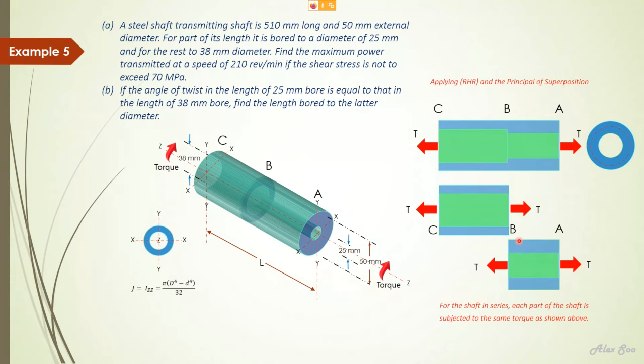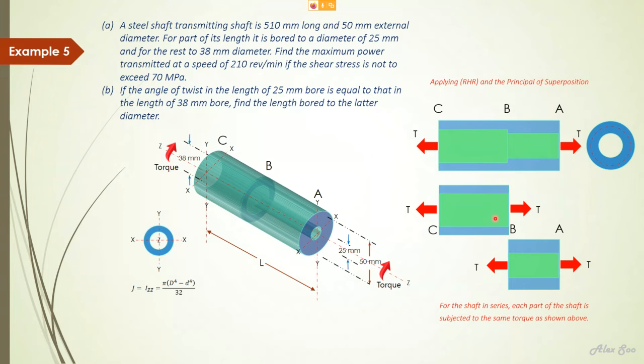That is why for the second section, AB, you have the torque pointing in this direction, opposite to this. When you take this minus this, it will give you 0. But for section A, if this T is pointing this direction, then the T for section A should be in the opposite direction. So this is based on the principle of superposition.